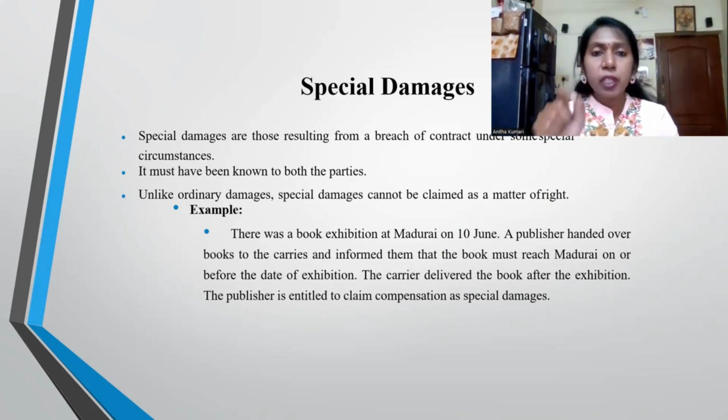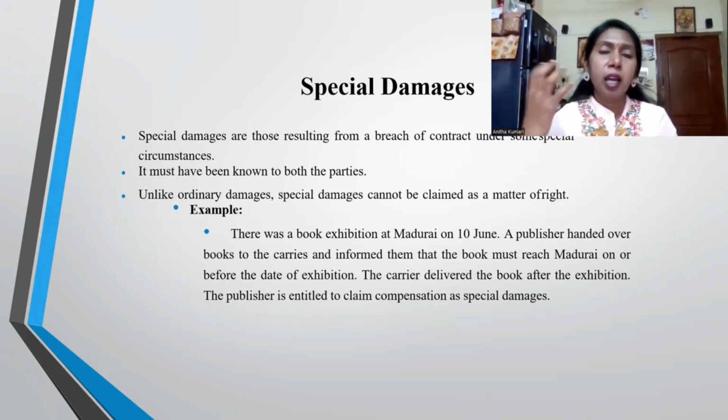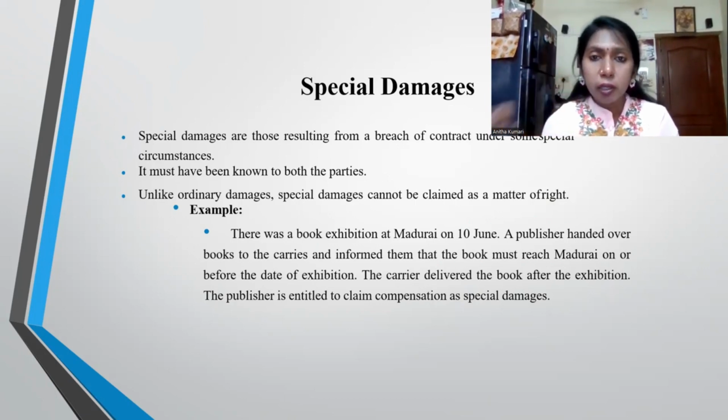Do you understand? So again, I'm explaining this with the exhibition example. There is an exhibition in Madurai. I'm the publisher. I'm handing over the goods to one courier company. I have given a clear instruction that there is an exhibition in Madurai on 10th, so you have to deliver the books on or before the date.